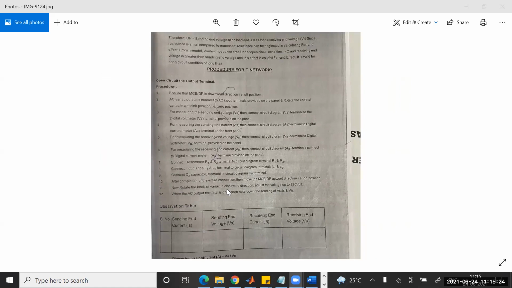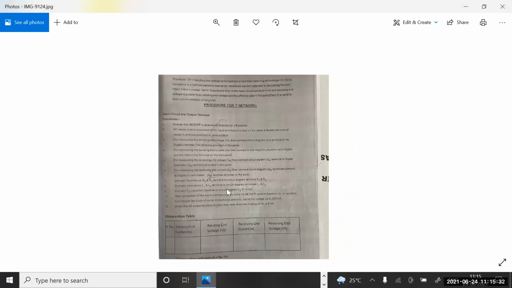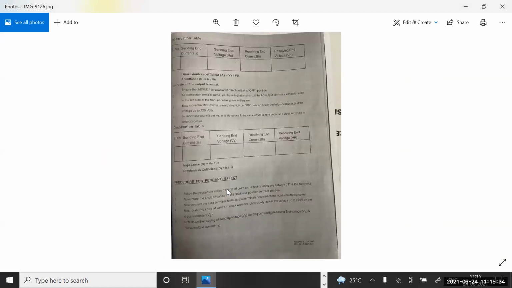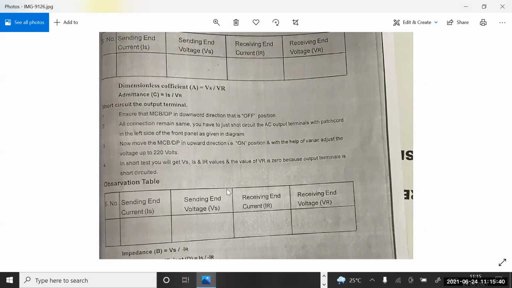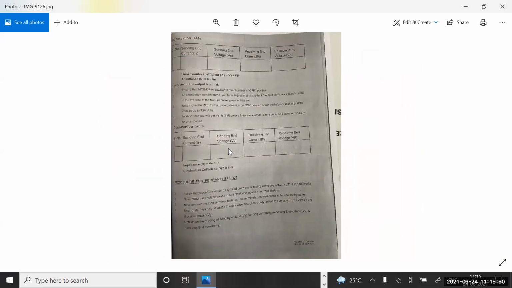Then for short circuit, you only have to short that particular output terminal. So you will find the other two elements, that is your B and D. So these two processes are there, you could see.